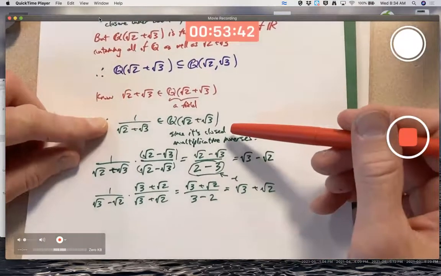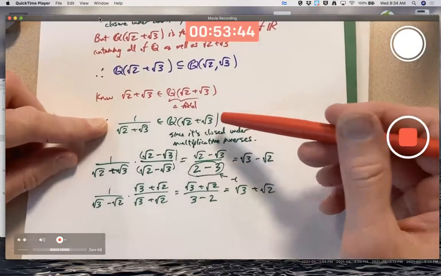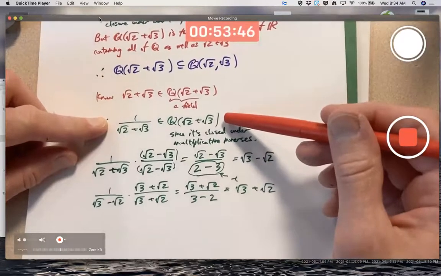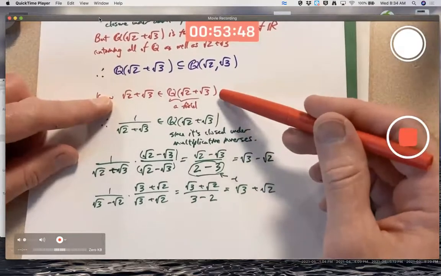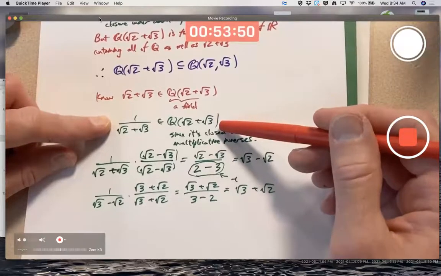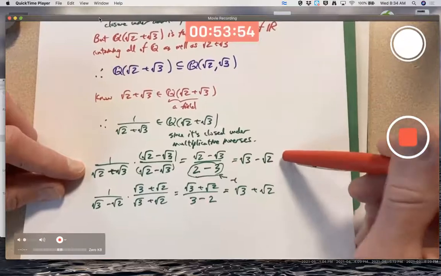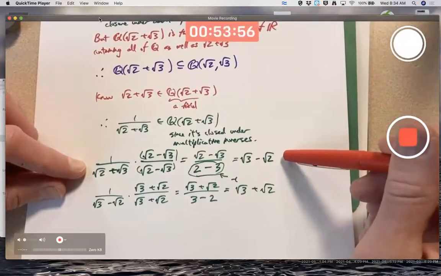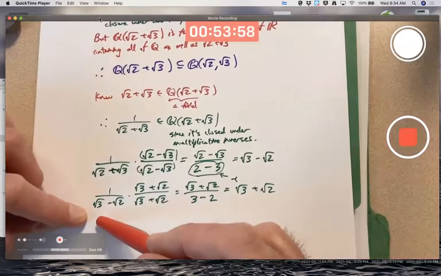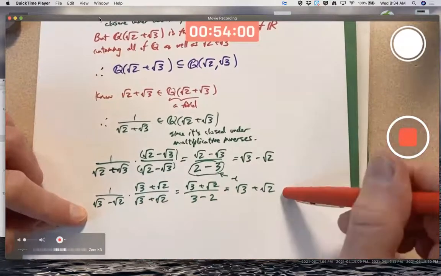1 over root 2 plus root 3 is going to be in this field because it is a field containing root 2 plus root 3, so its reciprocal will be in there. What does that reciprocal equal? It equals that. So this is in there. And therefore, its reciprocal will also be in the field, and it equals this.